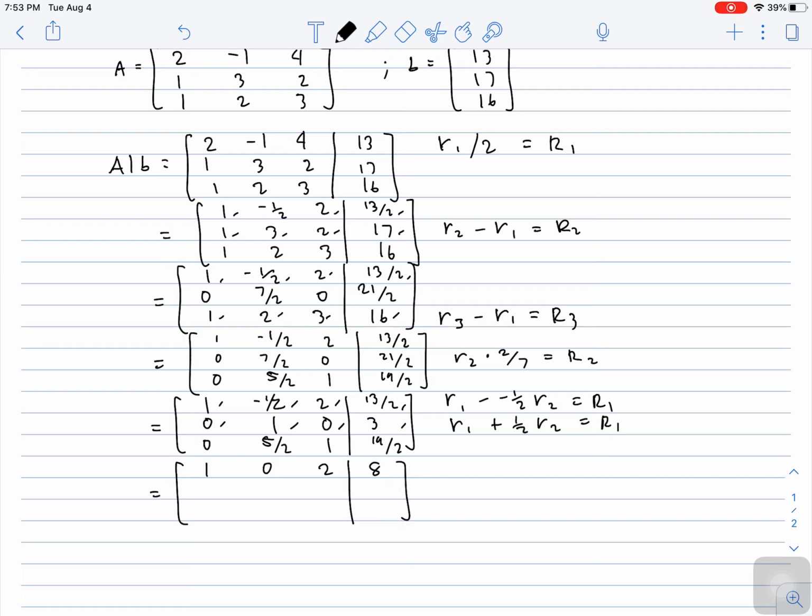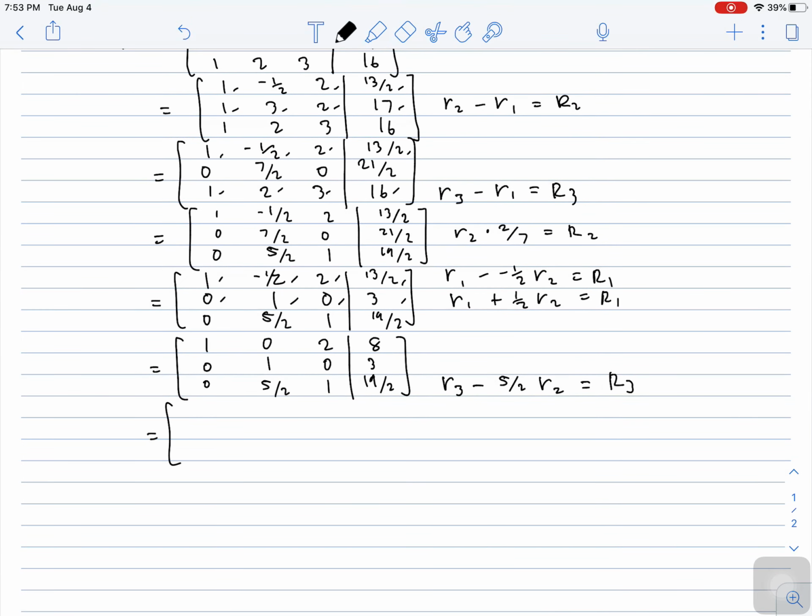Then copy the second row. Next, this should become 0. So R sub 3 minus 5 over 2 multiplied by the pivot row R sub 2 is equals to R sub 3.